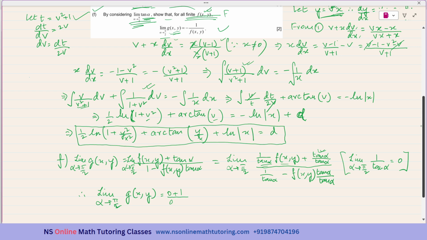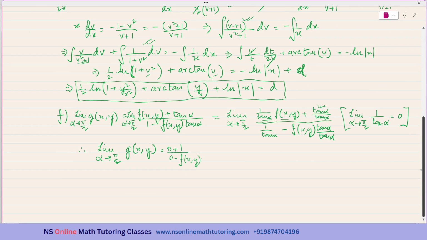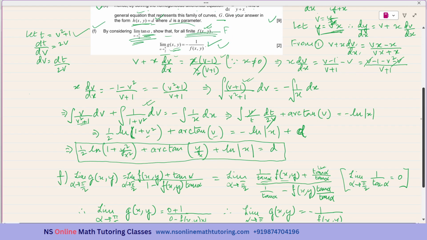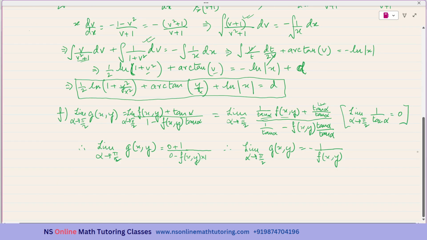It is 0 minus f of x comma y times 1. Therefore, limit alpha tends to pi over 2, g of x comma y is equal to negative 1 over f of x comma y. Okay, this is what I think this was the expression. Yes. So we have shown this.